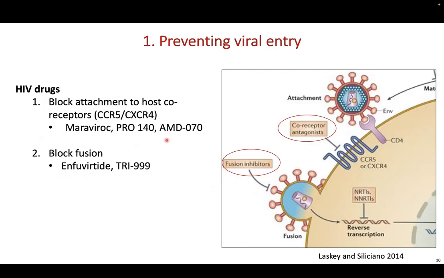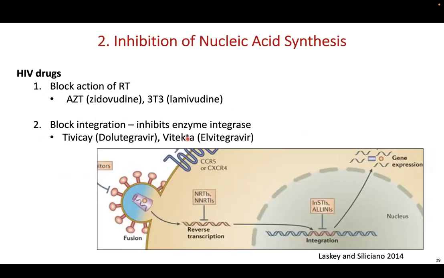An example of one that blocks the attachment to the receptors is AMD 070. And then we have others that block the reverse transcription of the viral genome. Examples are AZT and 3TC.